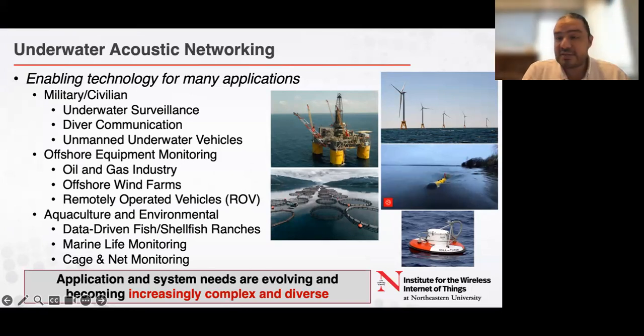There are some regulations, and that's why underwater networking and sensing capabilities become very important, so you can have marine life detection, anticipate and forecast the effects of these wind farms on the ocean environment, and see the health of the equipment monitored over time. These are pretty much today's needs, rather than just future needs.